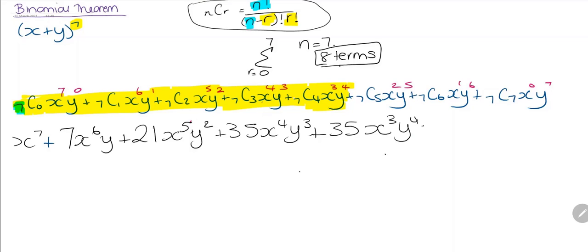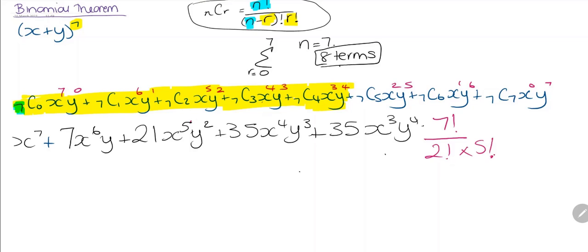So the next number, because we've got 7 factorial over (7 minus 5) factorial times 5 factorial. 7 minus 5 is 2, so this is 2 factorial times 5 factorial.